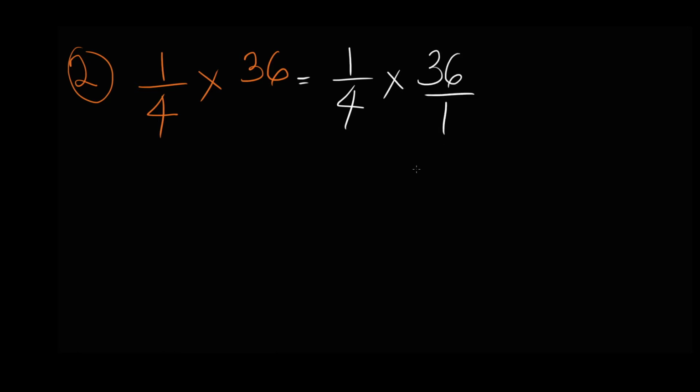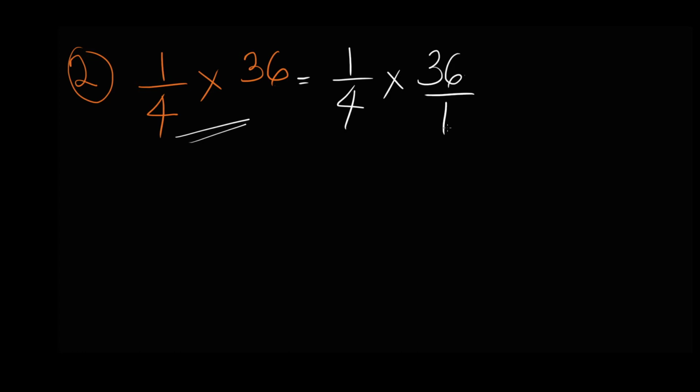Second example, 1 over 4 times 36. 36 is a whole number which can be rewritten as 36 over 1. That means I can rewrite this problem this way, because 36 is the same thing as 36 over 1.